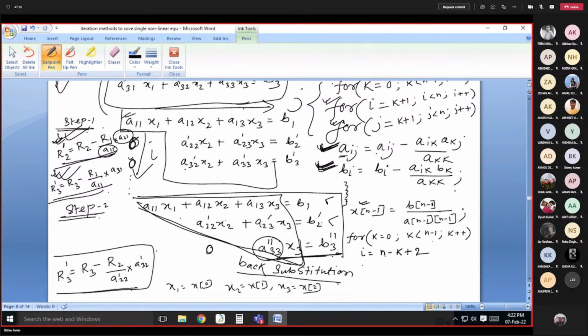Another loop I am putting here: j equals i plus 1, j less than n, j plus plus.